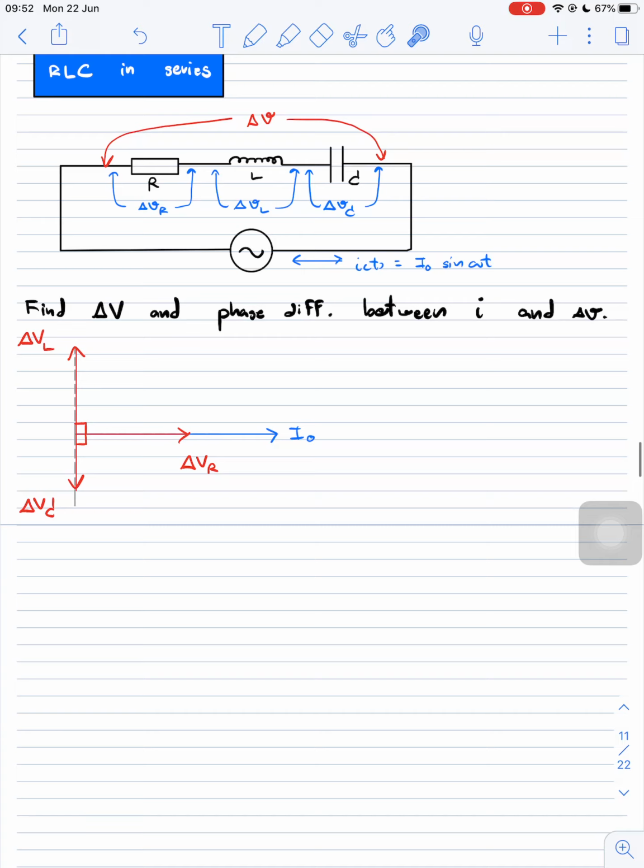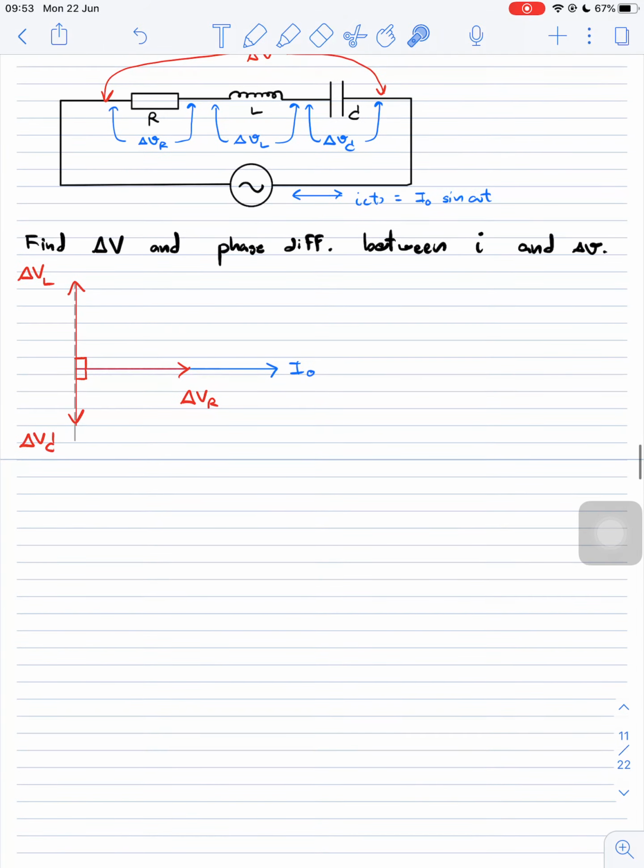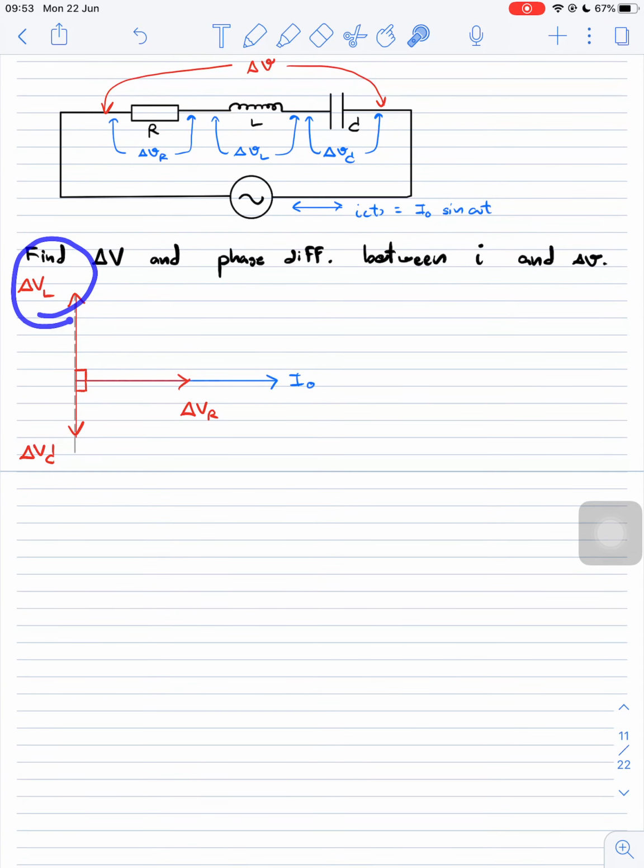For the phasor diagram, we write delta V and the I as vectors, which means we can combine delta V as a vector as well. To combine delta V as a vector, you can see that we have delta VL in the upward direction and delta VC in the downward direction.